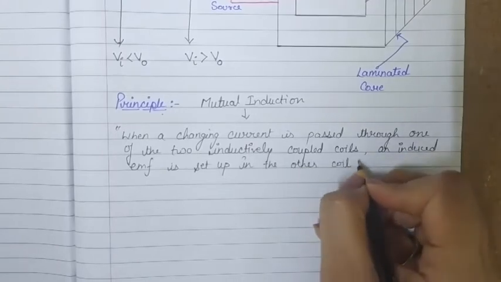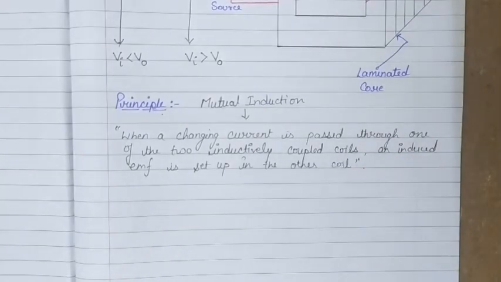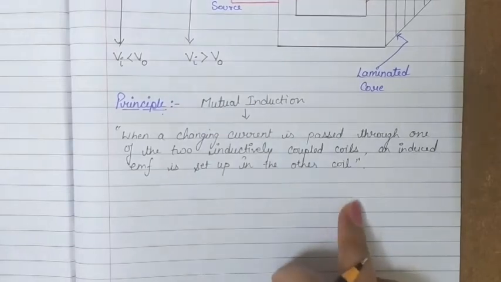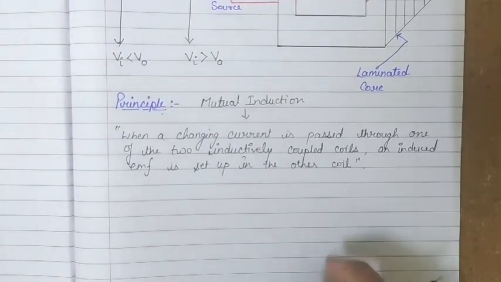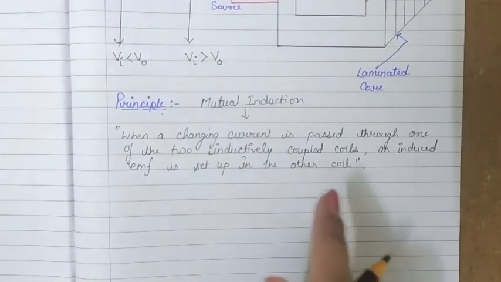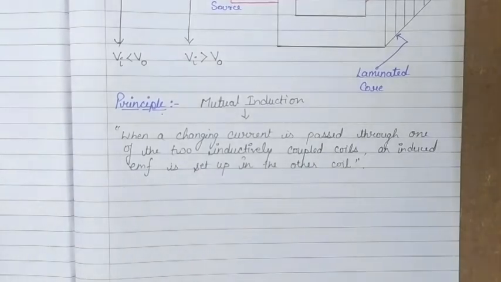So फर्स्ट कॉइल में अगर करंट वेरी करेगा देन उसकी वजह से नेबरिंग कॉइल का जो लिंक्ड मैग्नेटिक फ्लक्स होगा, इट विल चेंज एंड बिकॉज ऑफ दैट एन इंड्यूस्ड EMF विल सेट अप देयर. This is the phenomena of mutual induction, and the transformer works on this principle.